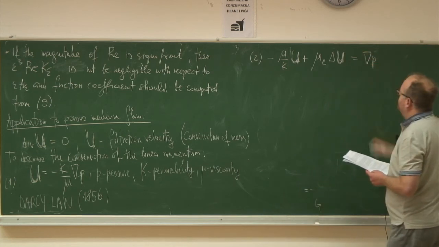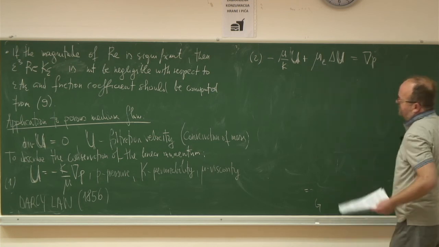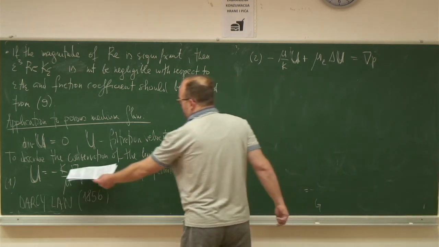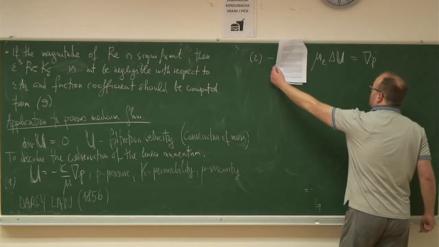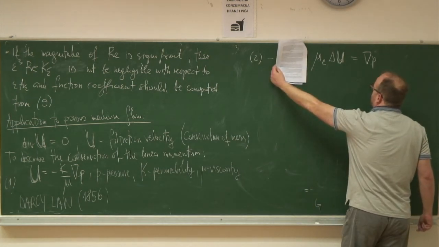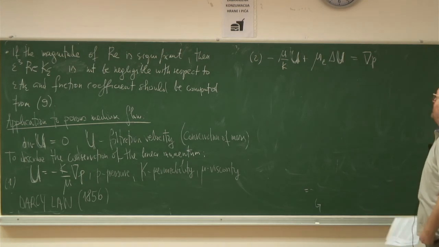For the purpose of our analysis, we prefer this system, because if you neglect this term, that's essentially the Stokes system. So we have this linear term here that does not cause many problems.